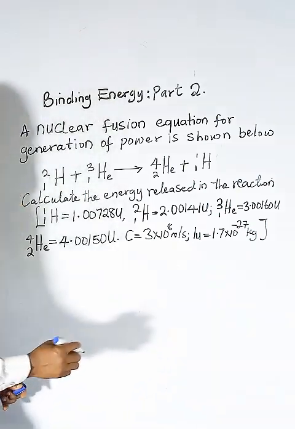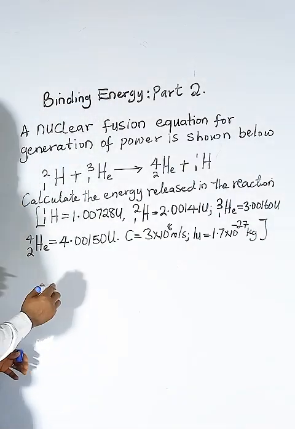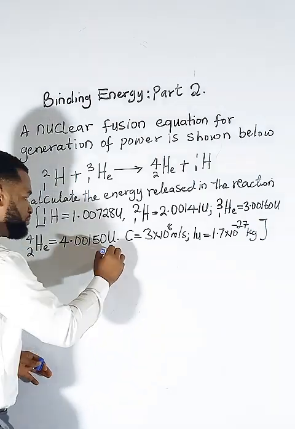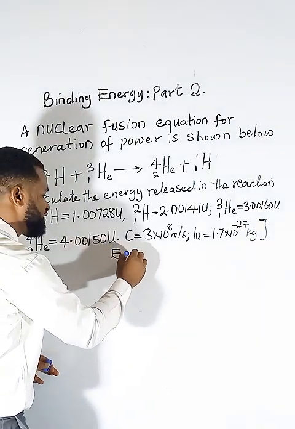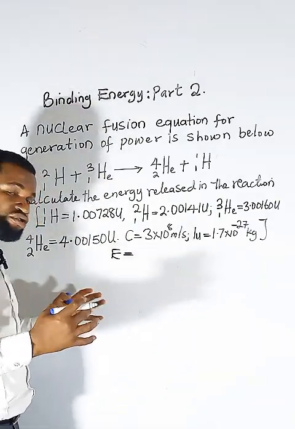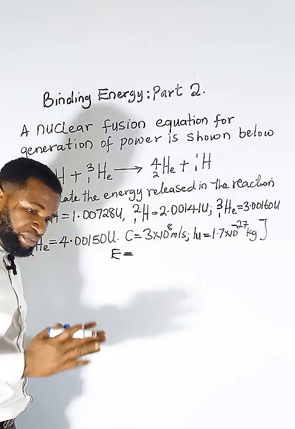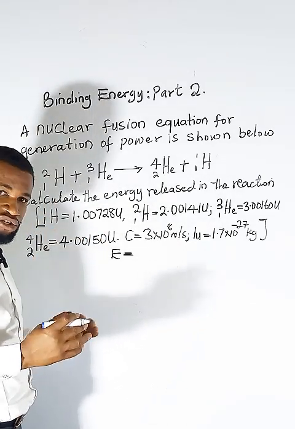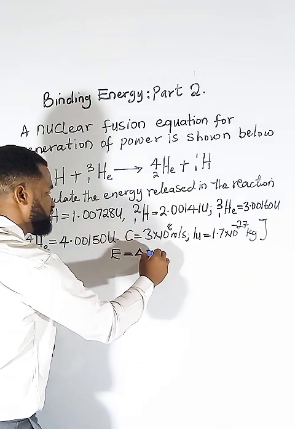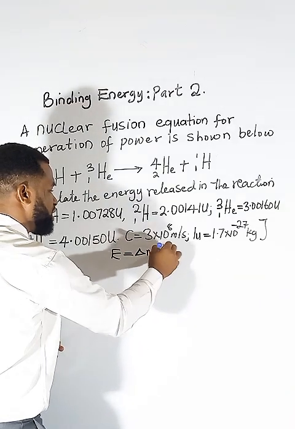So let's solve it. For us to be able to solve this, we are first going to say that there is something we call mass defect, because binding energy, according to Albert Einstein, the energy used to split the nucleus of an atom, is given as the mass defect multiplied by c squared.